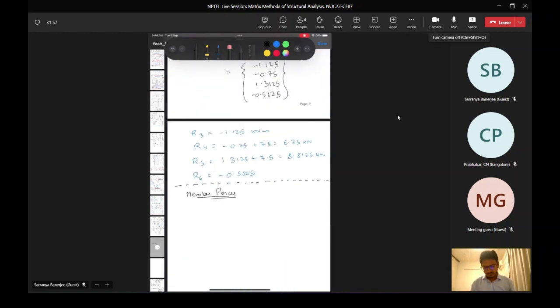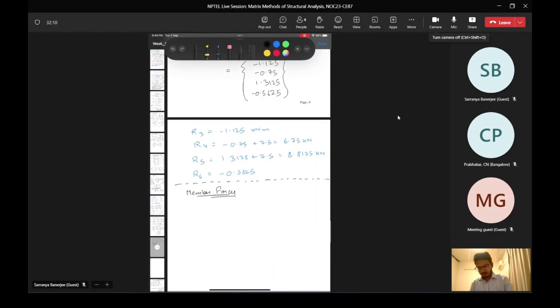Okay. However, using the stiffness method, what we do is we take the local member level stiffness matrix, the local stiffness matrix, and we find the different forces and moments in the beam.